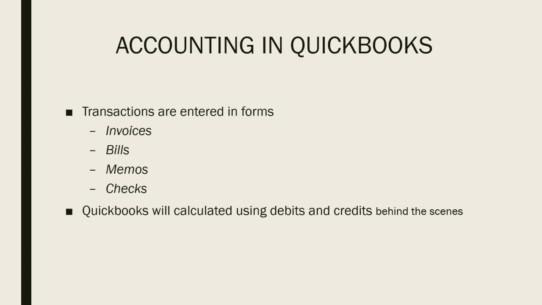Where if I have an action, I have an equal and opposite reaction. But as a user entering the information in, we're entering it only as a one-sided entity. So in this case, I record a bill, I owe money. That's all I'm recording. Okay? I'm only recording one side of the picture.